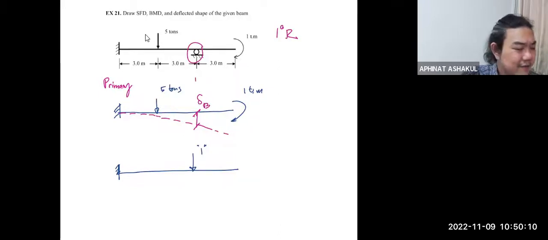So now, if you look at the problem closely, you know the actual moment is going to be here. There is moment at this part, right? But when you look at the virtual part, no moment.